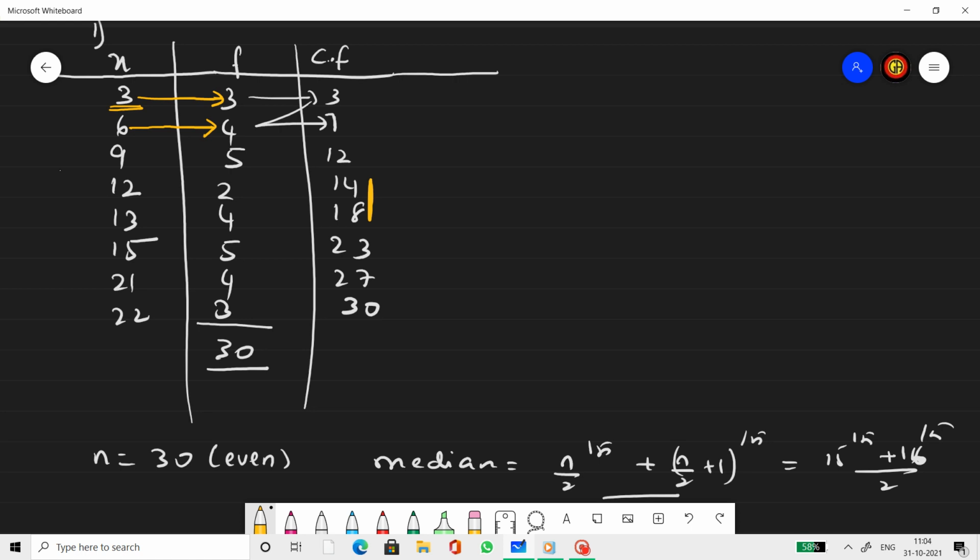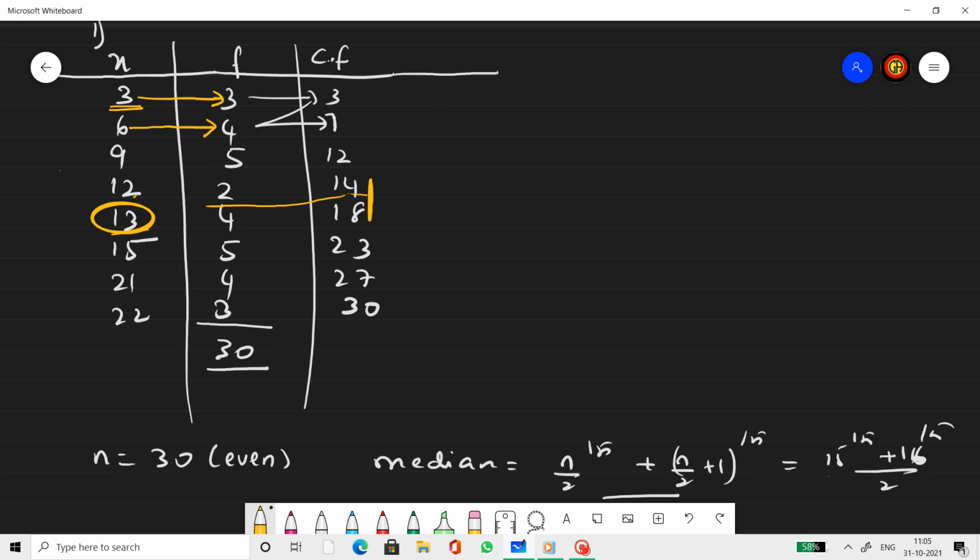So till 12, the numbers are 3 repeated 3 times, 6 repeated 4 times, 9 repeated 5 times, 12 repeated 2 times. So 12th data is 12, 13th data is also 12. So then from 15, 16, 17, 18, the next 4 data are 13. Therefore, the 15th data is 13 and 16th data is also 13.